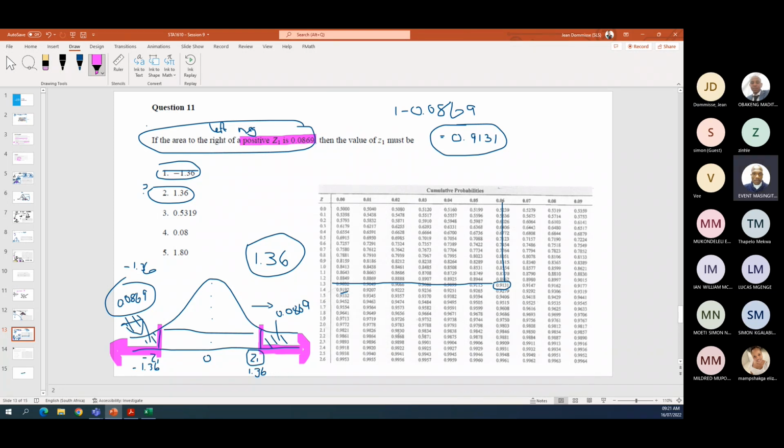Yeah, manager. Okay, so if we're given the value of the positive side and then they ask us for the left negative, we must also do it like this: 1 minus 0.931. Quickly repeat that again.